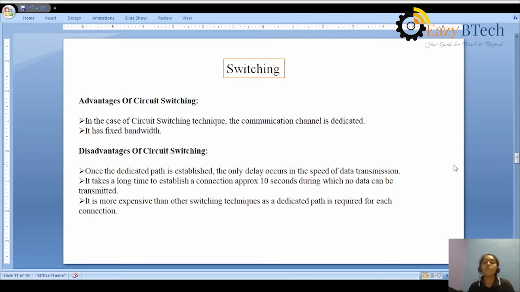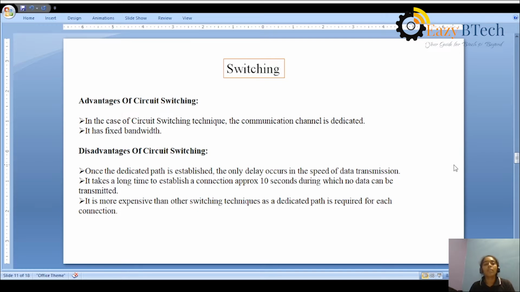So it has a fixed bandwidth. Whenever we want to increase or extend the bandwidth during transmission, dynamically, it is not possible. One fixed bandwidth is allotted to communicate from source to destination, and in that fixed bandwidth only, we can communicate data.